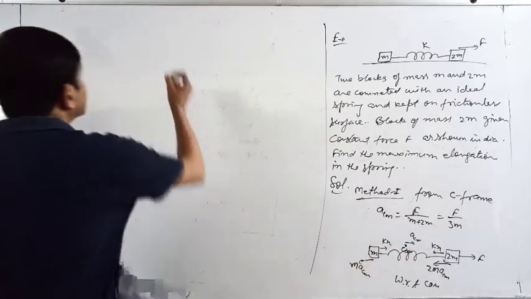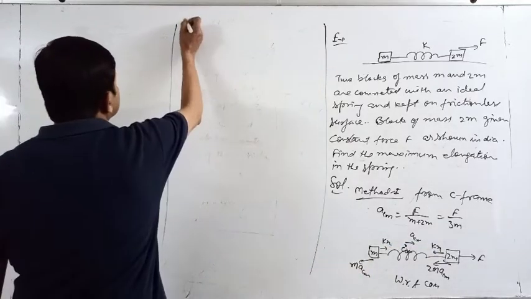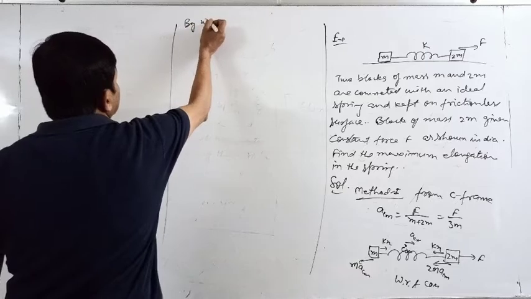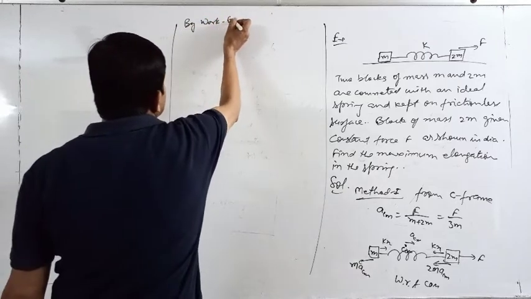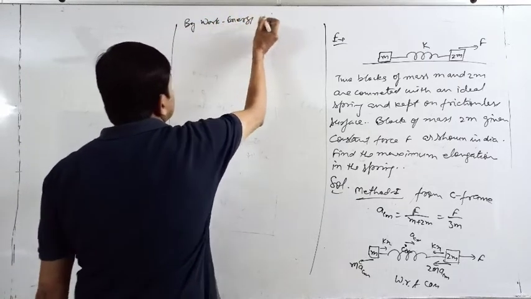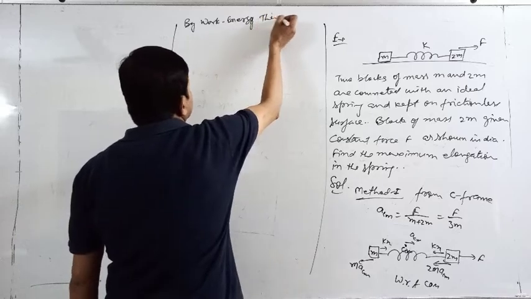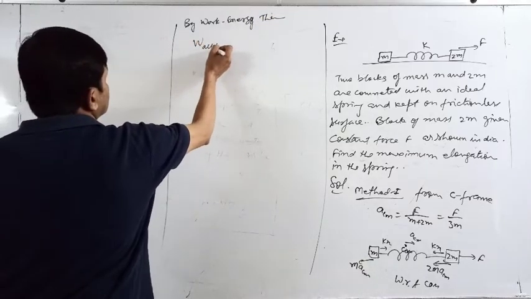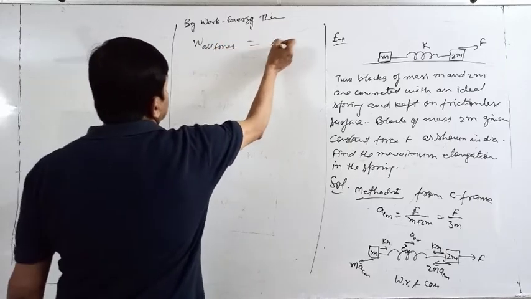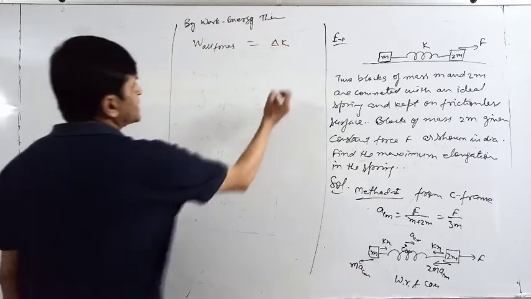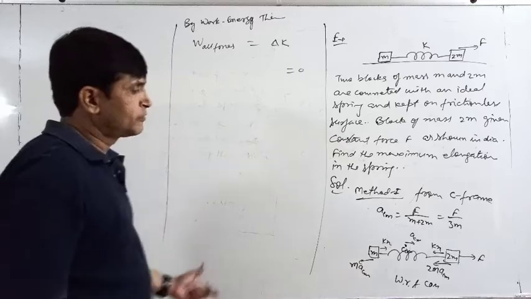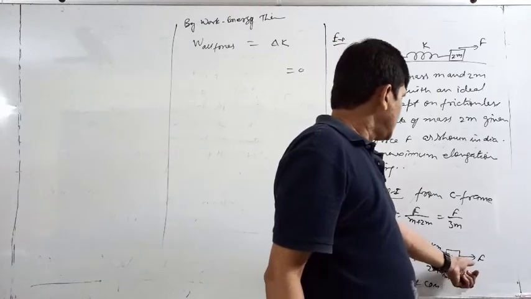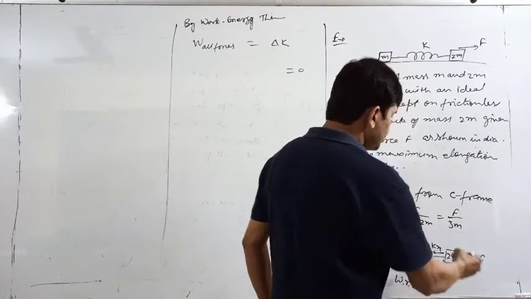So by work energy theorem, work done by all forces is delta K, which is 0. See here, work done by all forces.